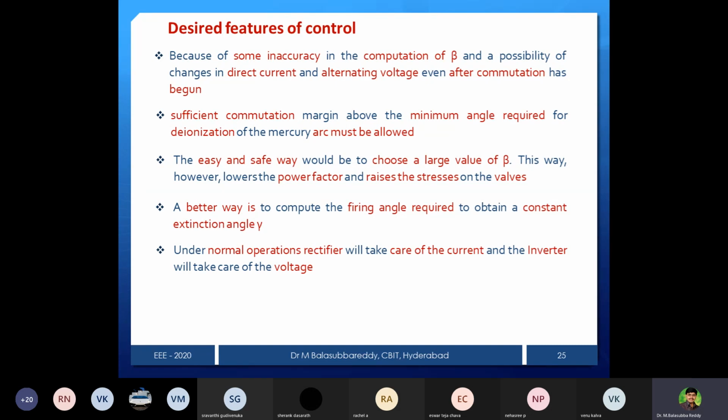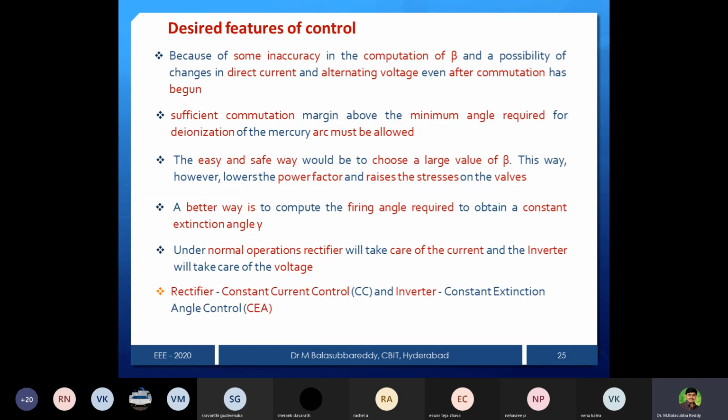power factor improvement. Under normal operation, rectifiers will take care of the current. This is the scenario we will consider in all further analysis: the rectifier in constant current operation, and the inverter taking care of the voltage.